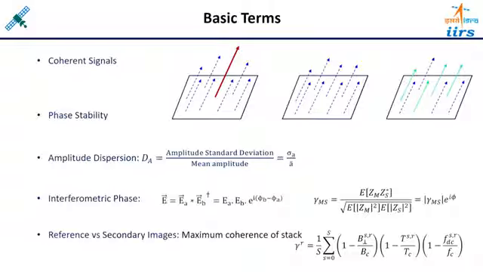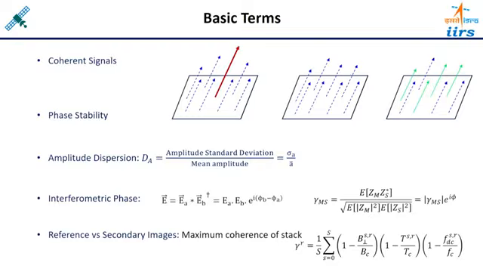As the distance and the baseline increase, the coherence value decreases. But if it increases beyond a particular value, then both signals are completely decorrelated, meaning there is no coherence between the signals, and that particular value is called the critical baseline.